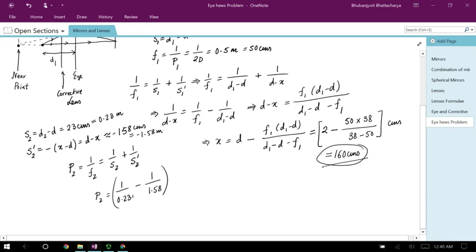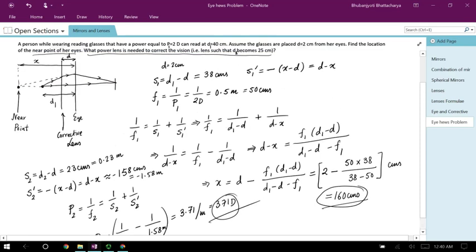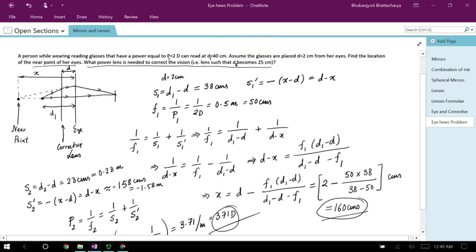Since these are already in meters, you would see that this is equal to 3.71 per meter, which is equal to 3.71 diopters. So this is the new correction of the vision that will require a lens of this power.